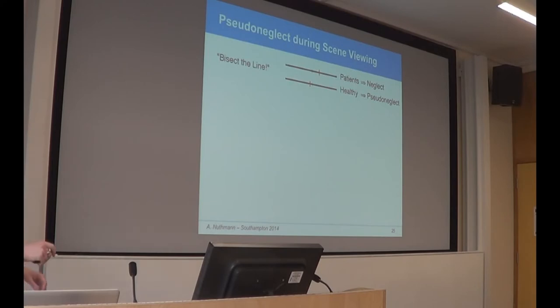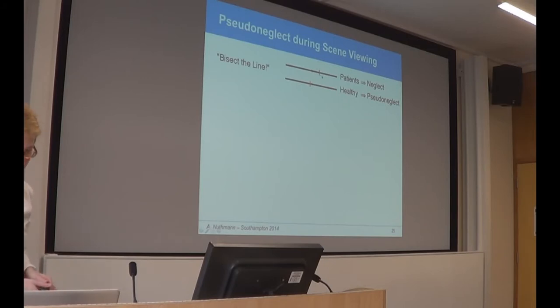So the question is, are there any spatial biases with regard to where people attend in a scene? The specific phenomenon we've investigated is a left bias known as pseudoneglect. Let me explain this using the line bisection task, in which you are asked to select the middle point of a horizontal line.